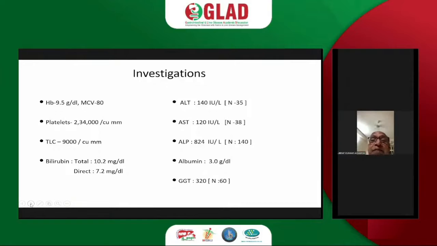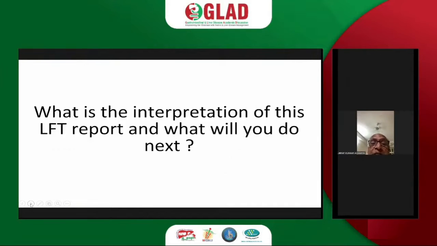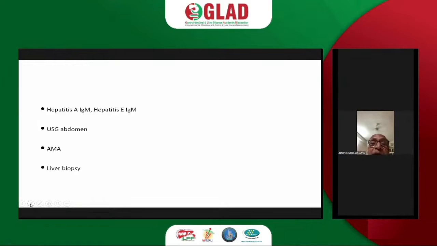So the next step, obviously, is to find out whether it is an intrahepatic cholestasis or an extrahepatic cholestasis. First thing they will do in such a patient is a simple imaging, which is non-invasive, can be repeated, widely available and less expensive, and that is an ultrasonography.